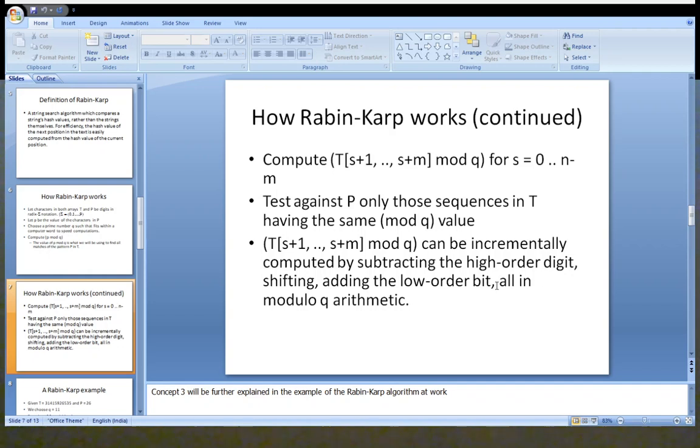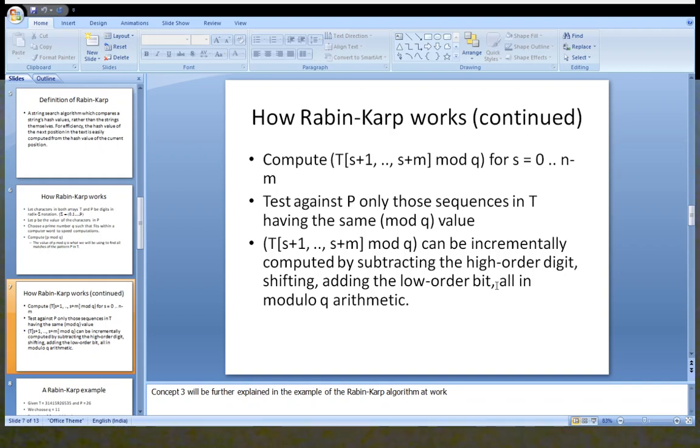Here you shall keep on matching for s from 0 to n minus m, because after that, the remaining part is smaller than the pattern, so the possibility of a match is 0.